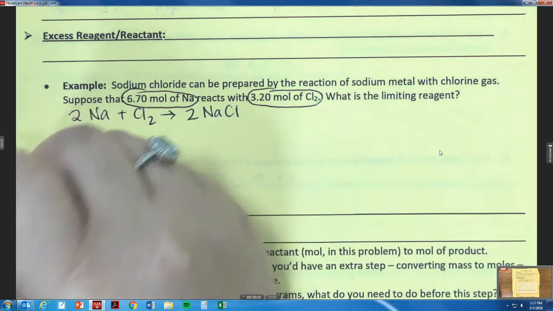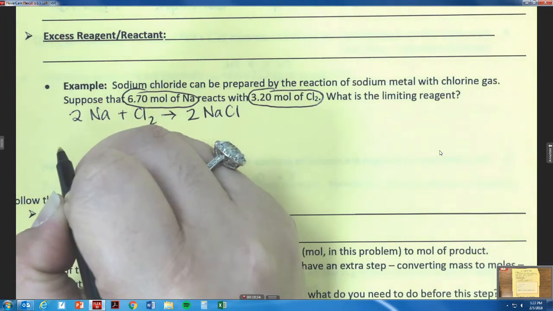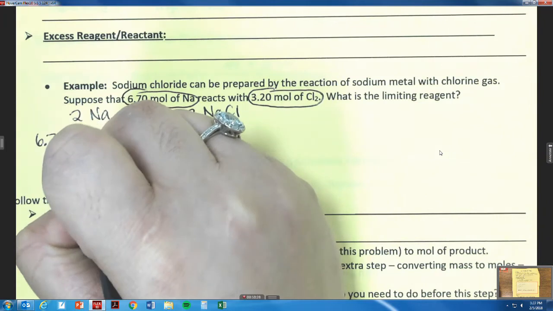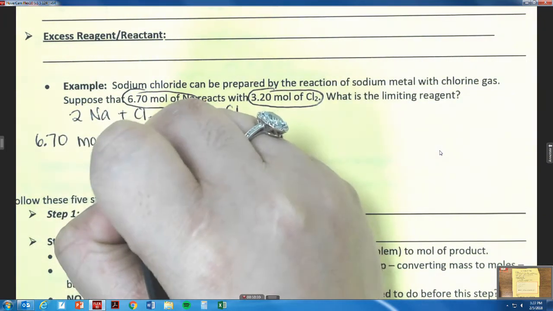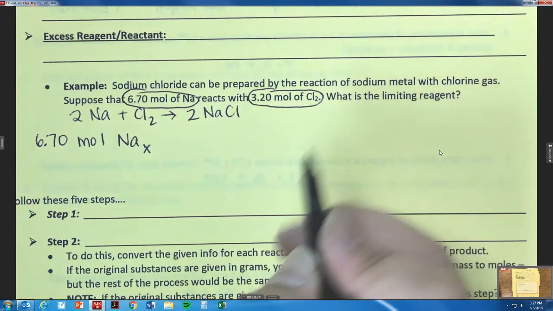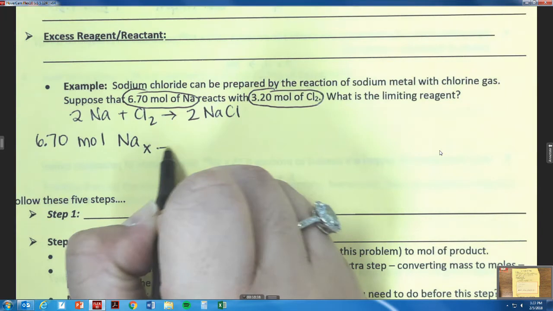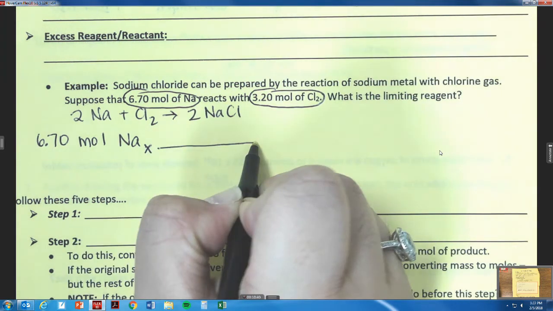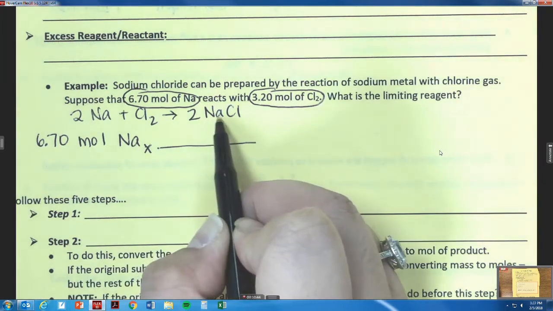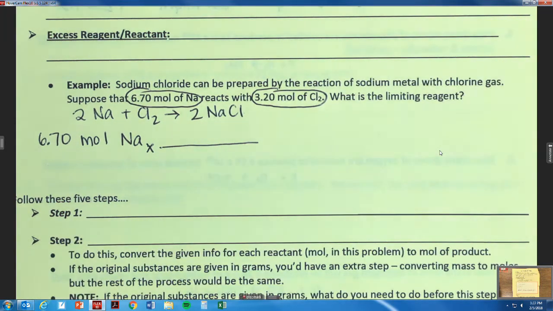My first one: 6.70 moles of sodium. That's my first given. Our second step, remember, was to convert to moles of our product. If I'm converting from moles of sodium to moles of sodium chloride, how many steps is that going to be?